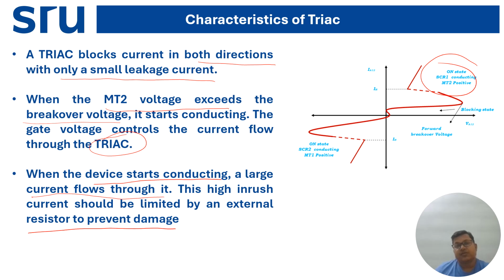As soon as the device starts conducting, the current flow will be very heavy, and for this sudden high current the device may be burned. So we have to connect a resistor to prevent that much current flowing through the device, so that the resistor absorbs some portion and the device is saved from burning out. This is what we can understand from the characteristics.